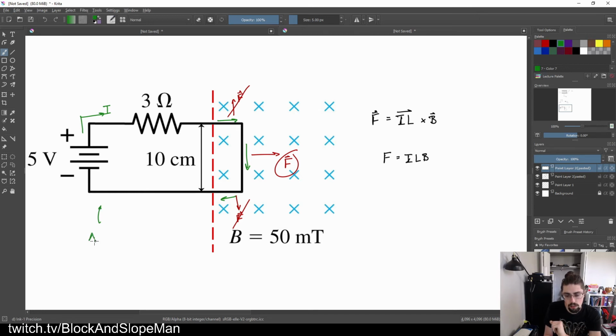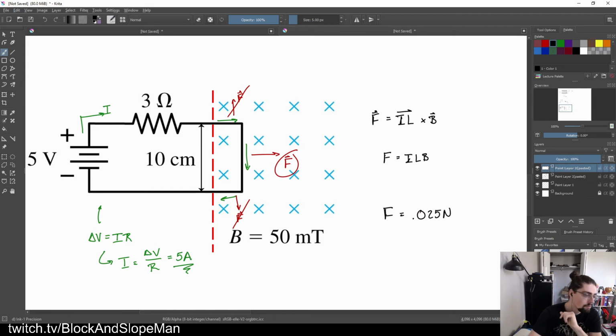So I can say delta V is equal to IR. I should just be 5 amps. 5 amps of current, 0.1 meters, 0.05 Tesla. At the end of the day, we should find that the force is 0.025 newtons. And that's all we've got.